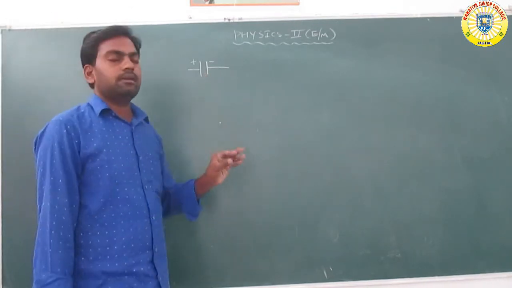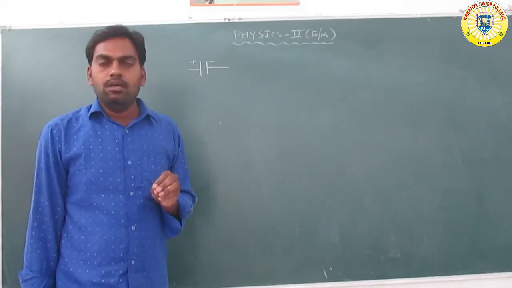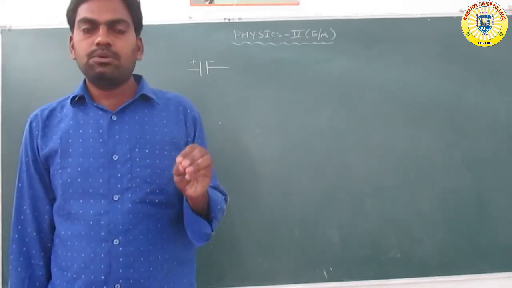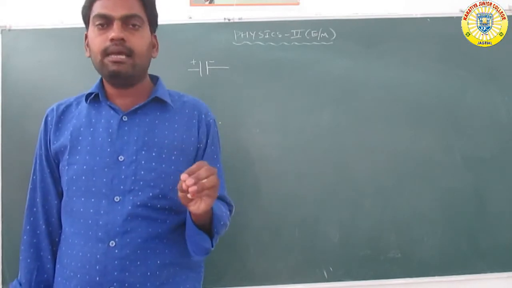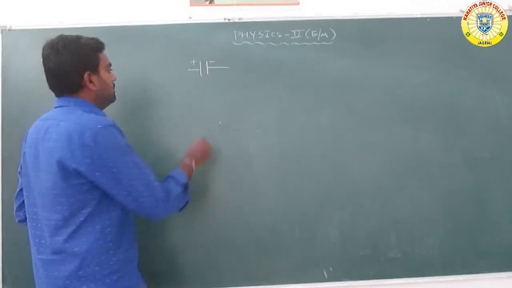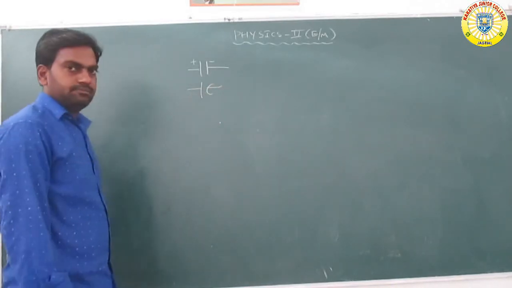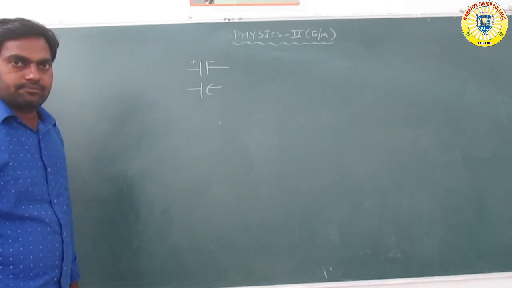The two plates are equal. The capacitor is an energy storage device, also called a condenser. This is also a symbolic representation of a capacitor.